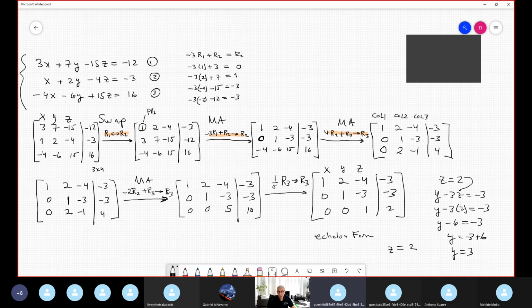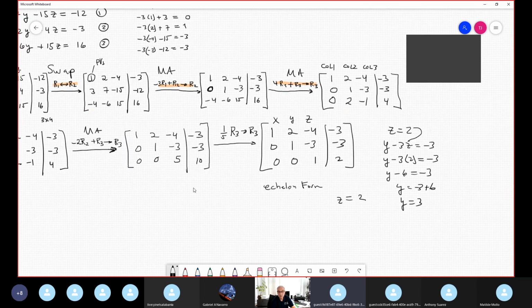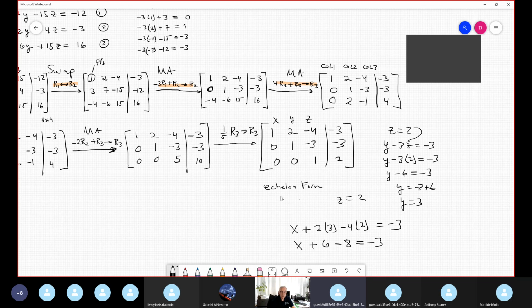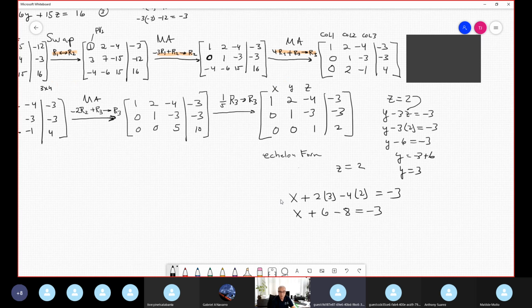And for x, you take the original equation: x plus 2y minus 4z equals negative 3. x plus 6 minus 8 equals minus 3. x plus minus 2 equals minus 3. x equals minus 3 plus 2, negative 1.